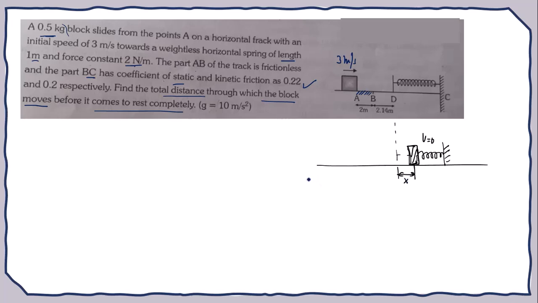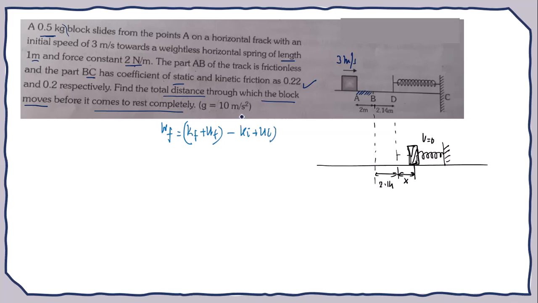So first we calculate the compression. For that, what is the work done by the friction? The work done by the friction is for the distance 2.14 plus x. And if I write the conservation of energy equation, the work done by friction should be equal to K final plus U final minus K initial plus U initial.